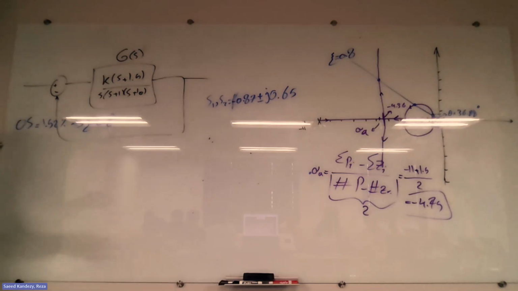And we know that if the zeros of that second order, which are the poles of our system, are going to be actually a pole, they should satisfy the angular condition of the poles in root locus.